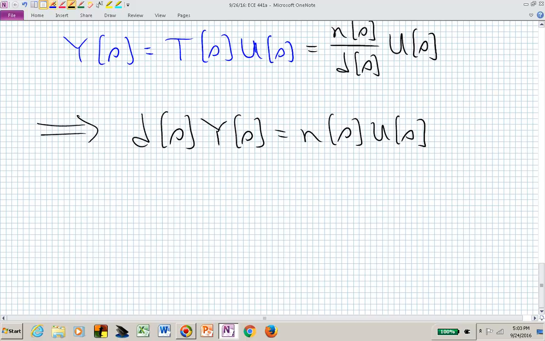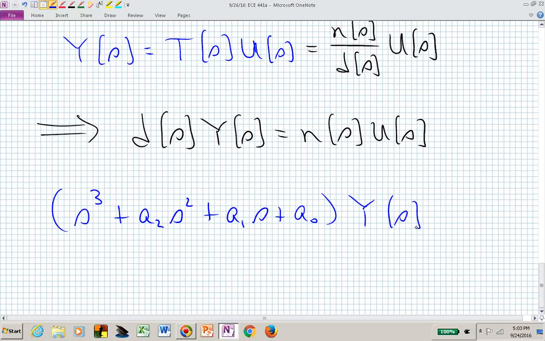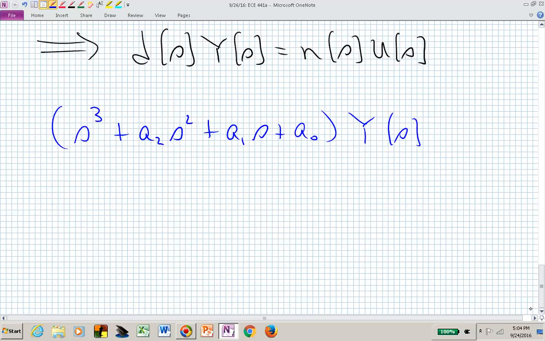Using the parameterized polynomials that we introduced above, and remember that D was monic, we have s cubed plus a sub 2 s squared plus a1 s plus a sub 0 multiplying Y of s, and that's equal to b sub 2 s squared plus b1 s plus b sub 0 times U of s.